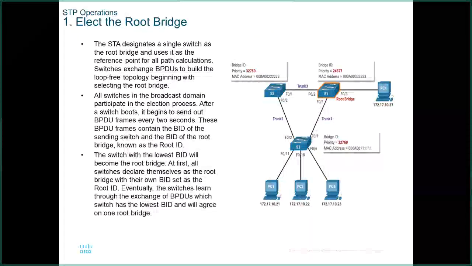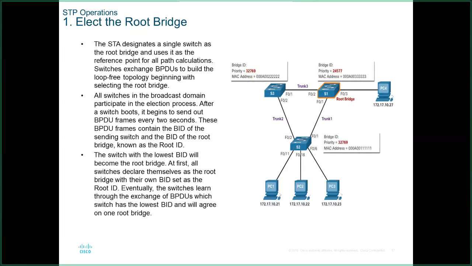So if we have a look here, we have our 3 switches, and if they are all on default values, the lowest bridge ID, because all the priorities would be that same value, which is 32,768 plus the VLAN. Our default VLAN is 1, so in this example our priority ID is 32,769.